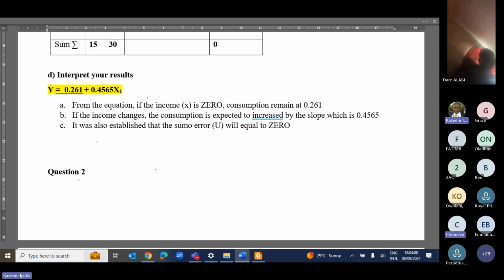I would like to say something on the interpretation. I've been trying to do some research about the origin of the whole linear OLS when we're talking about regression. If you look at it from the theoretical angle, it started with John Maynard Keynes.